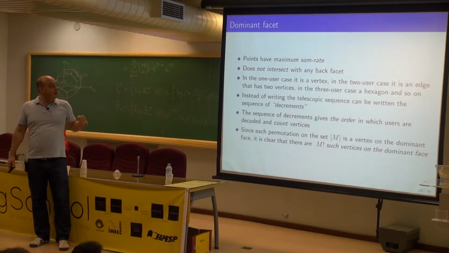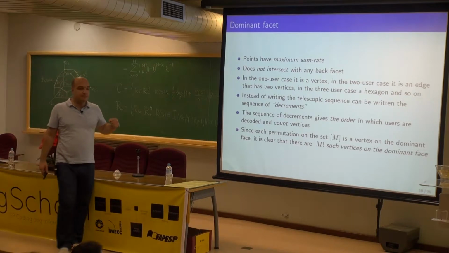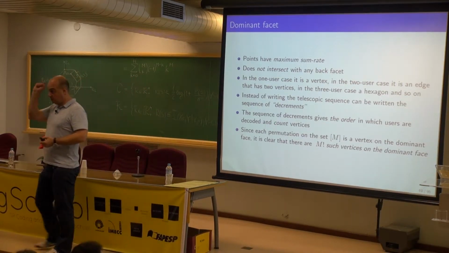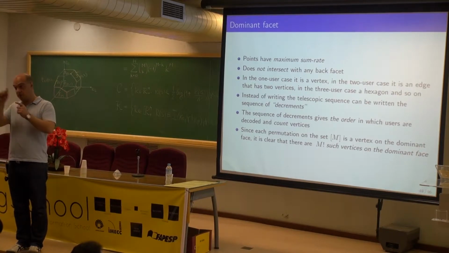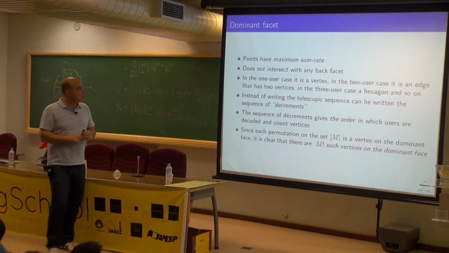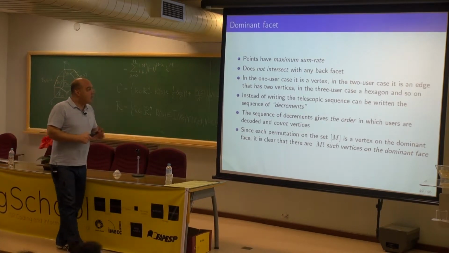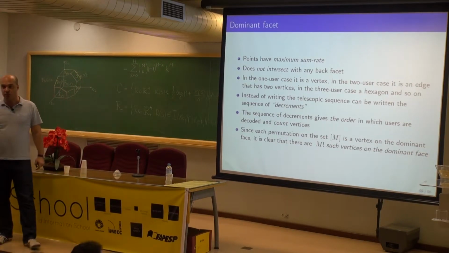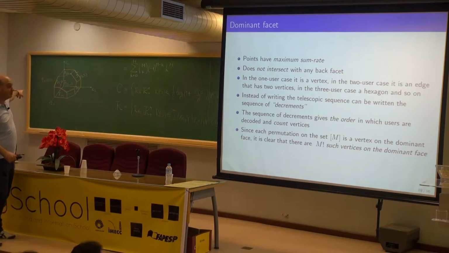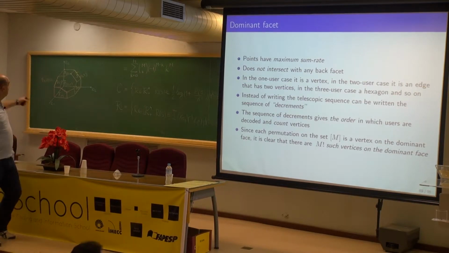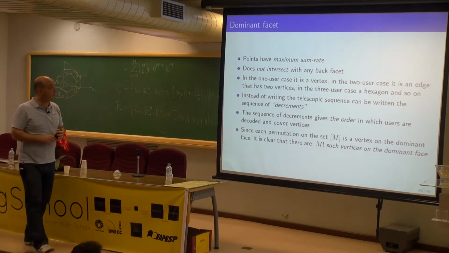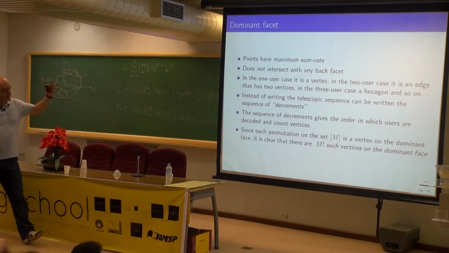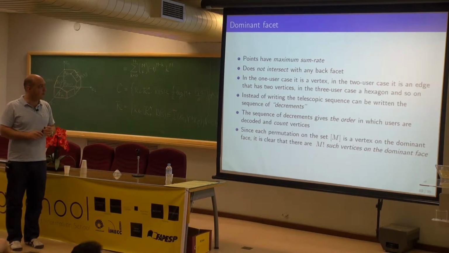In the one-user case, the dominant face is a vertex. It's the maximal point in the region, because the one-user case is a line segment. In the 2-user case, we saw this pentagon, and the dominant face is an edge. In the 3-user case, it is this hexagon, and so on. We'll see later on how it develops.